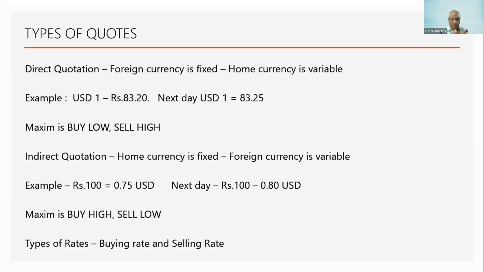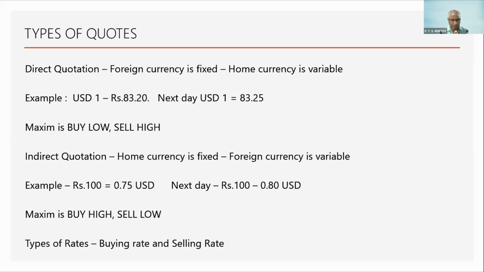Now, whenever we are quoting rates to our customers, there are buying rates and selling rates. Buying rate means the rate at which we are buying foreign currency. There are two buying rates, TT buying and BC buying. BC means bills for collection. There are two selling rates, TT selling and BC selling. TT means telegraphic transfer, BC means bills for collection.